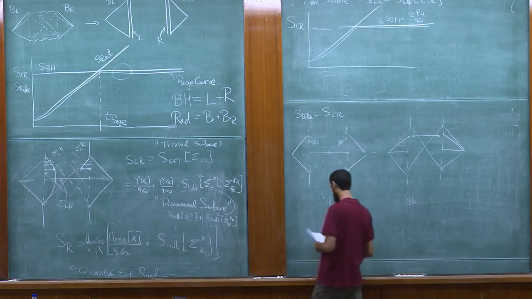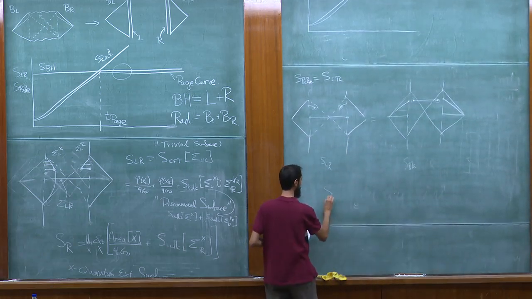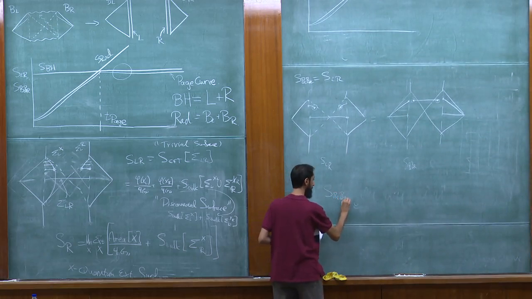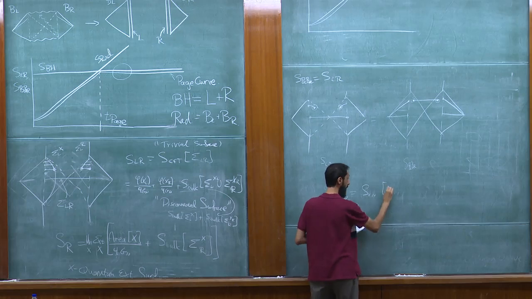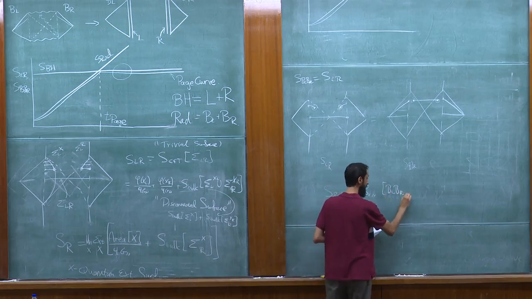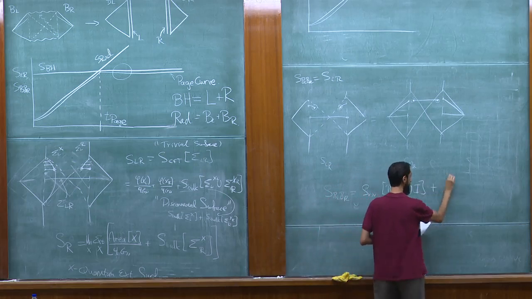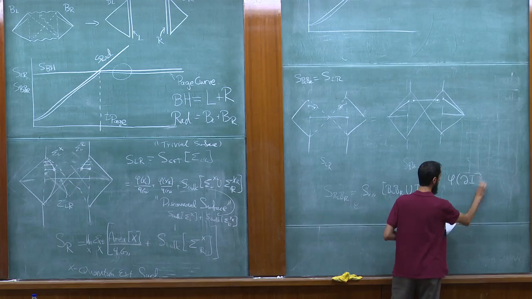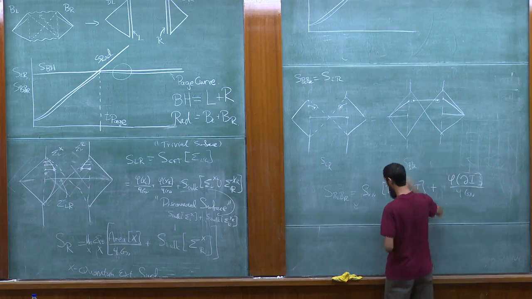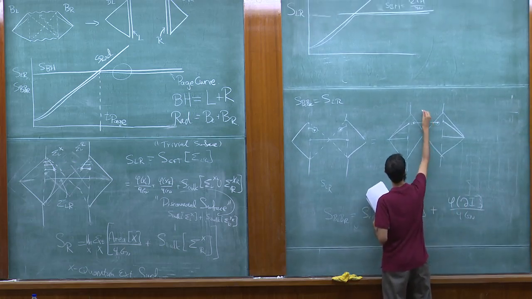So if we were to write down what the equation is for BLBR, this is the von Neumann entropy of BR union I plus the dilaton on the boundary of I, where I is that region in the center, which I will denote as an island.